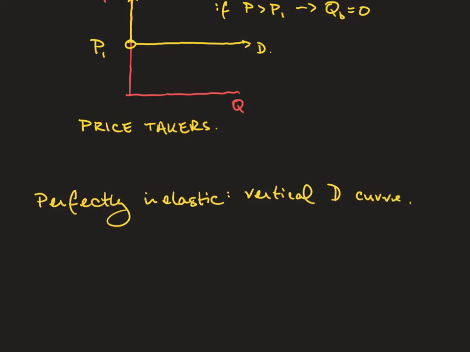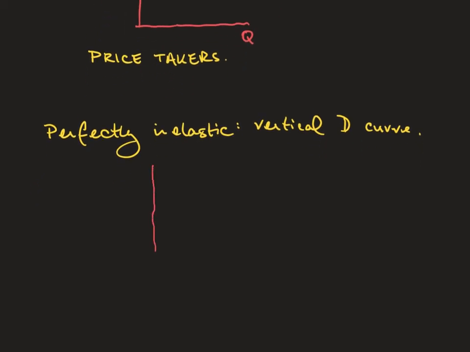When we do the graph of quantity and price, demand is just a straight line like this, meaning that there's a fixed quantity, we call it Q1, and people will purchase this quantity at any price.